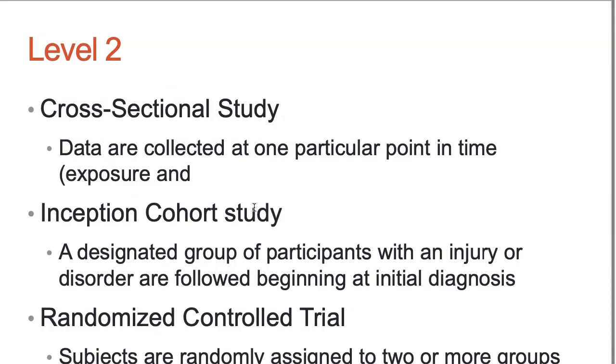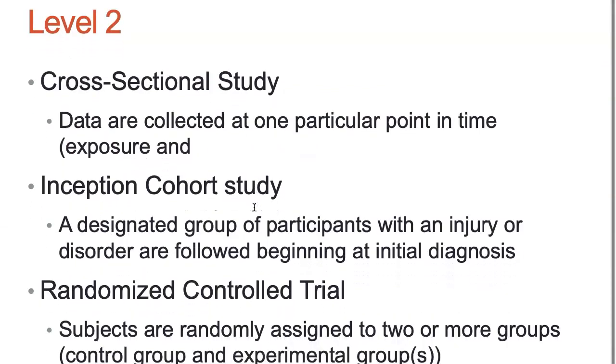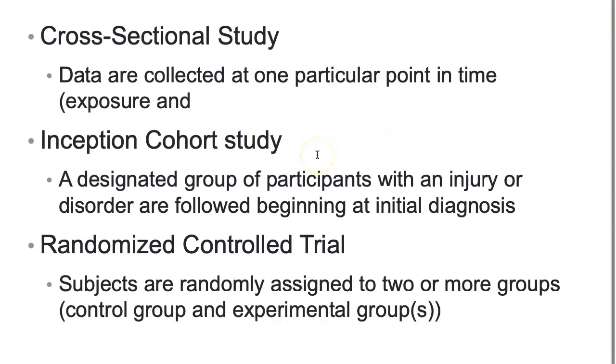So level 2, cross-sectional studies. The data is collected at one particular point in time. Inception cohort study, a designated group of participants with an injury or disorder are followed beginning at the initial diagnosis.